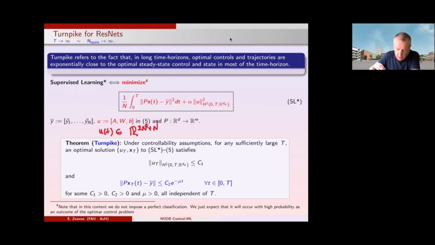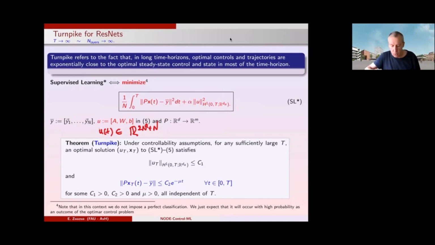Because I have here matrices, n squared and n squared, plus n. Then I will minimize a functional in which I am penalizing this control, for instance, in H1. Why not?